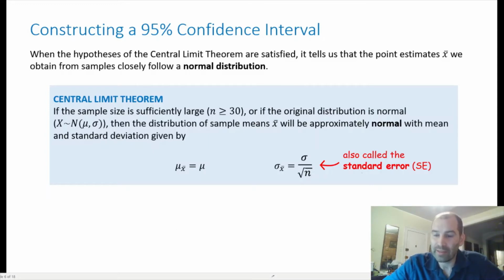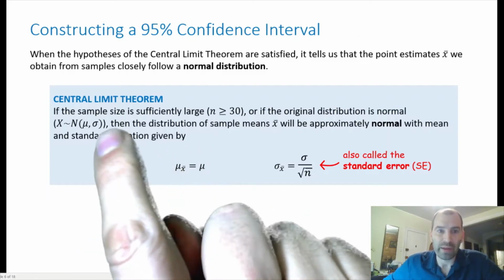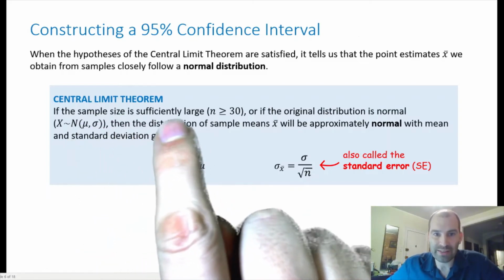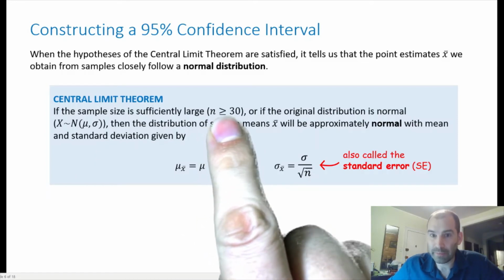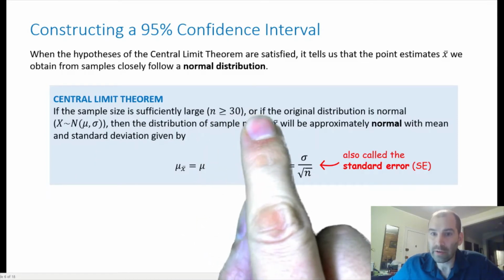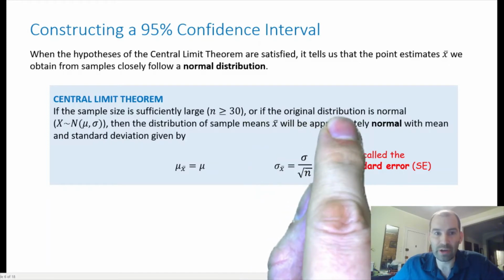That's the great thing about the central limit theorem. It tells us how the sample means are distributed. Okay, and here's just a summary of that central limit theorem here. Now, what are the hypotheses of the central limit theorem? Well, either the sample size needs to be sufficiently large, so either we need a sample size of 30 or more, or the original distribution, we need to know that it's normal.